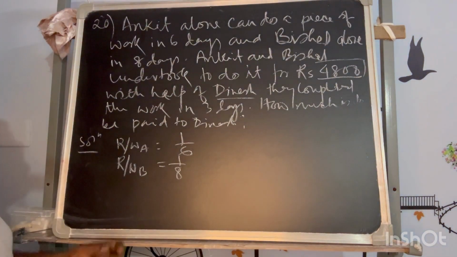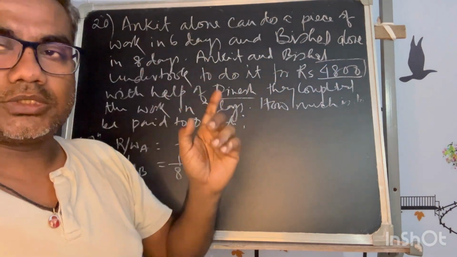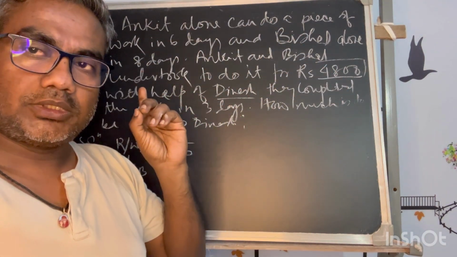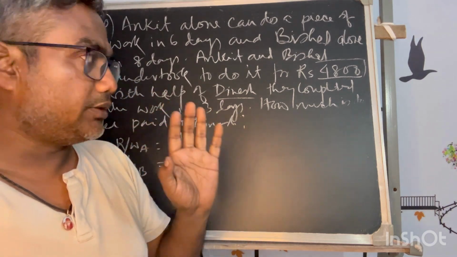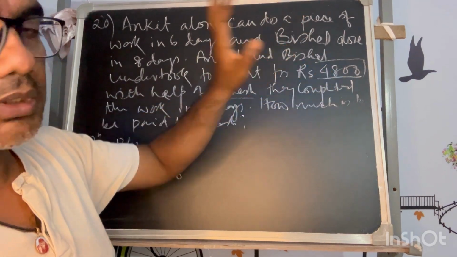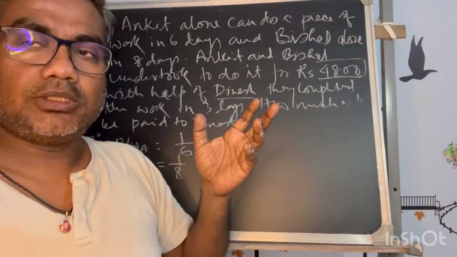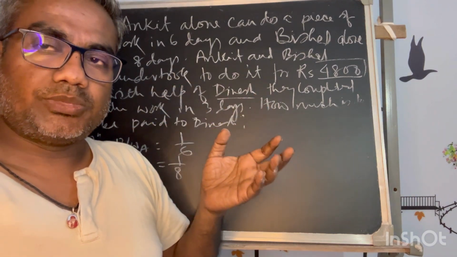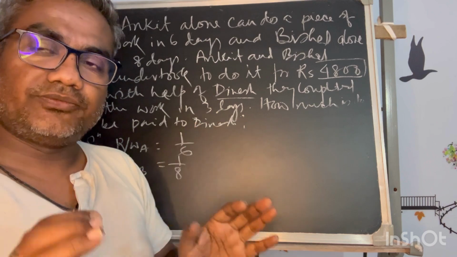Now we have to understand one thing: this payment is based on the job, not on the number of people being engaged. Never confuse that as these people are coming together and getting this much, now Dinesh will come. Logically, the payment is based on the volume of the job, not on the person being used.